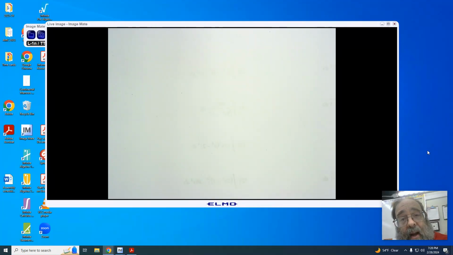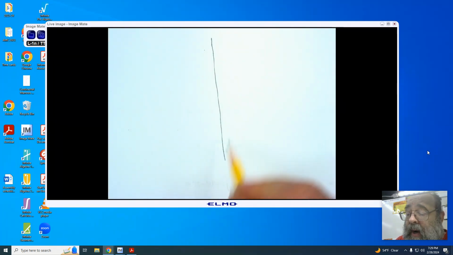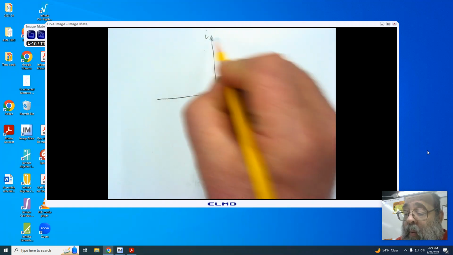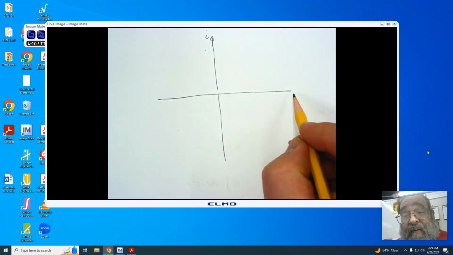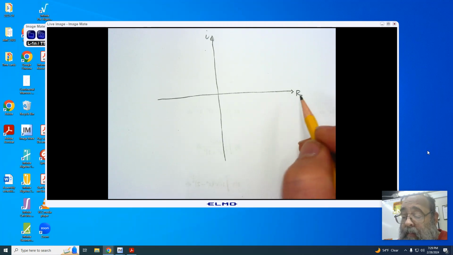Today, we're going to be taking a look at what is called the polar form of a complex number. Now, we've already taken a look at what a complex number is in our rectangular plane. This is the imaginary plane where the y-axis is now the i value or the imaginary number, and the x-axis is our real number.